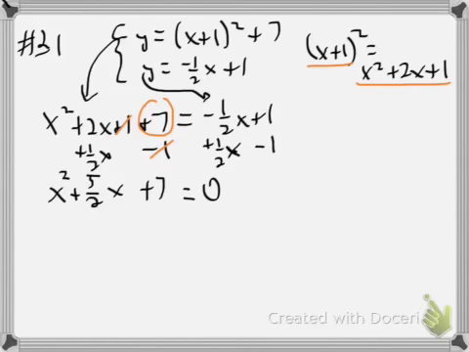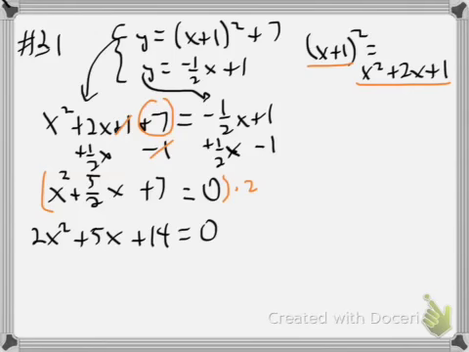Since it's set to 0, I can multiply both sides by 2, and it's going to be a similar result for where they cross. So I'm going to multiply everything by 2 so I don't have to deal with the fraction, and I end up getting 2x squared plus 5x plus 14 equals 0.